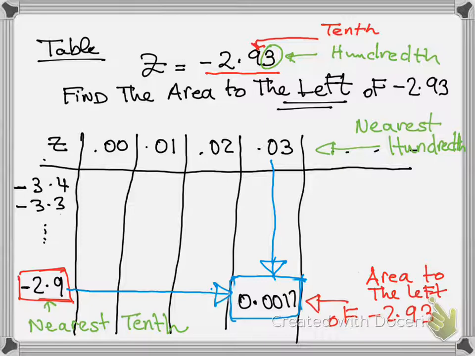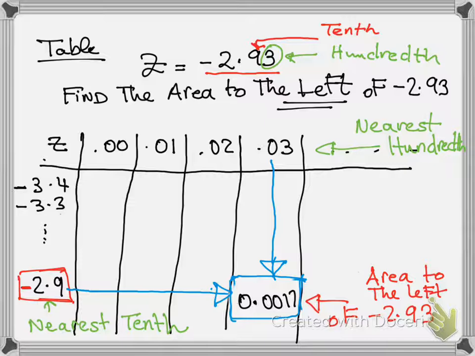Okay. So here, be careful, guys. In the first page, the values of z are negative. For positive values of z, you need to check the second page. So be careful of the sign here. So this area to the left of negative 2.93 is 0.0017.